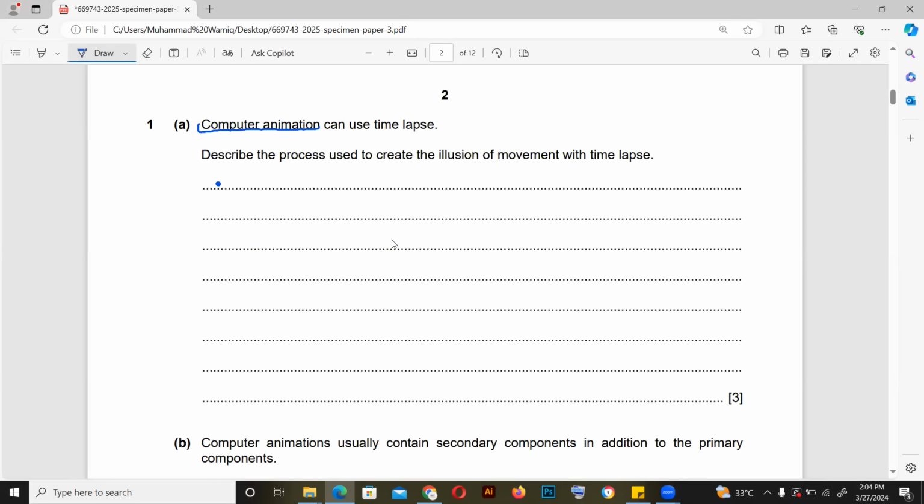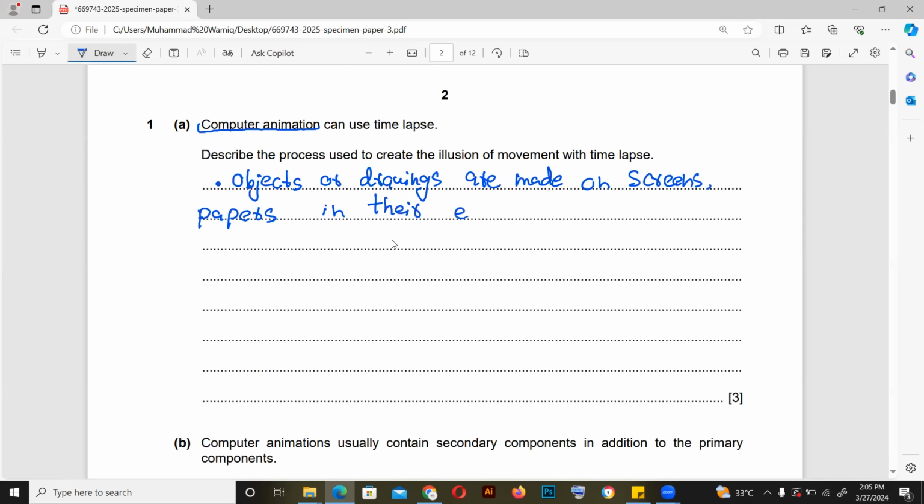So first of all, I can say that objects or drawings are made on screens or papers in their exact position or their starting position.